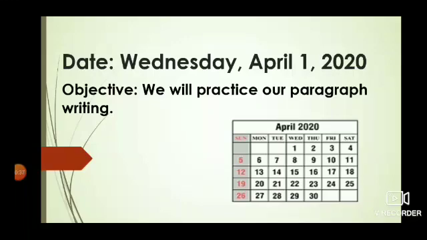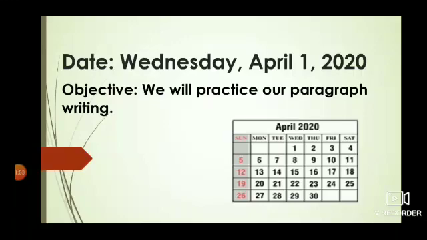What date is it today? The date today is April 1st, 2020. Okay? Today is the first day of April.